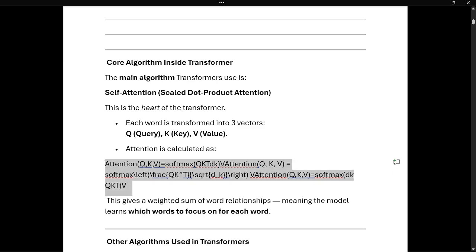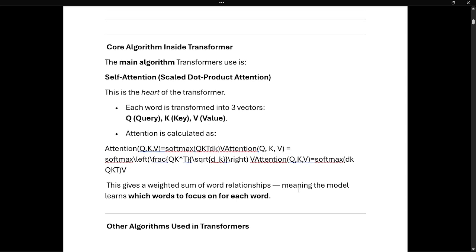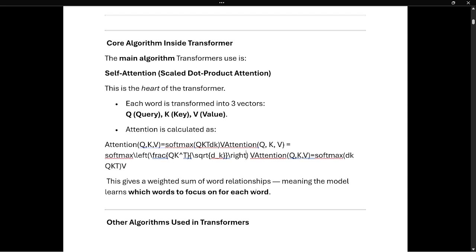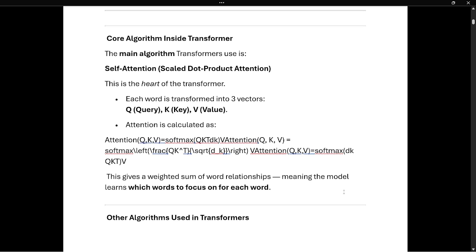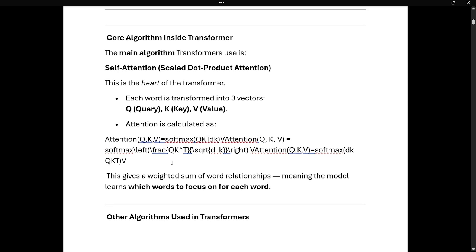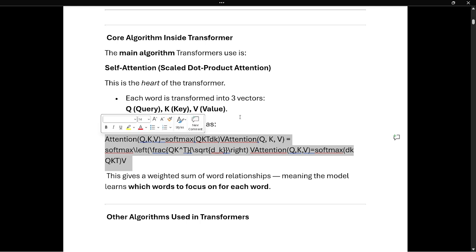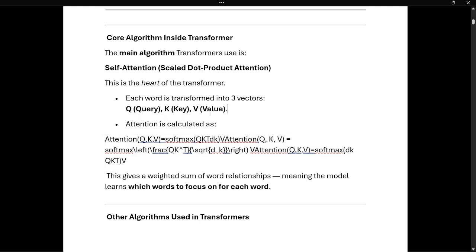For now we can understand this example, but we will see through a different example how we calculate the attention mechanism for each word. This gives the weighted sum of word relationships, meaning the model learns which word to focus on for each word. That is the mathematics behind our attention mechanism: query, key and value, and we do self-attention by scaled dot product.